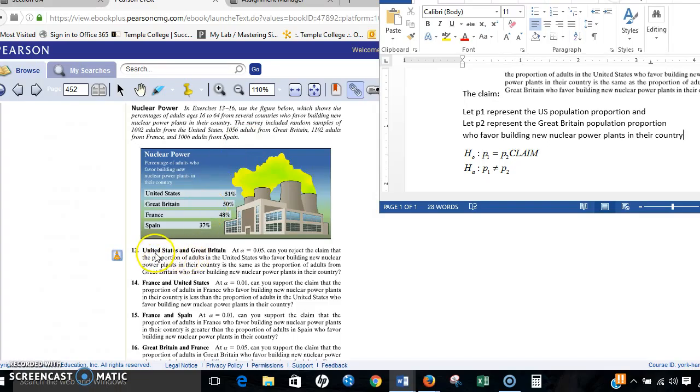So number 13 is referring to the United States and Great Britain. So we're only going to be looking at these top two percentages.